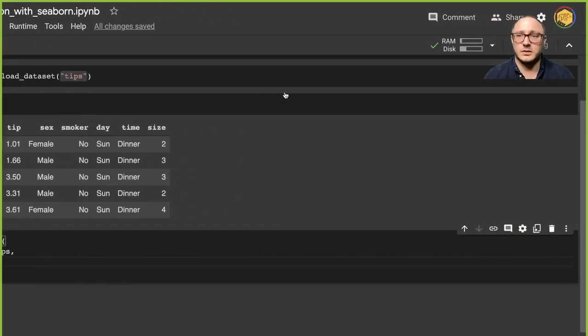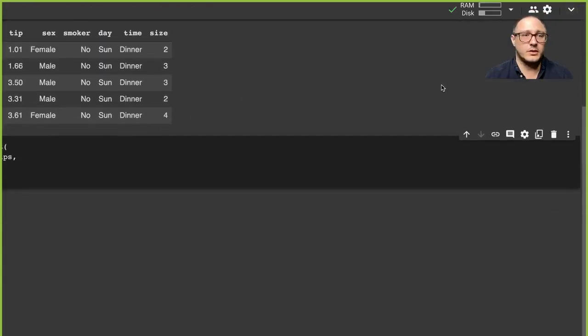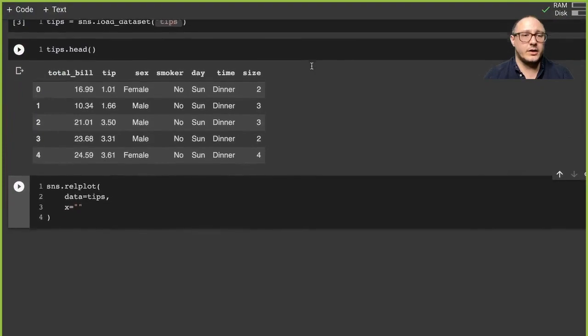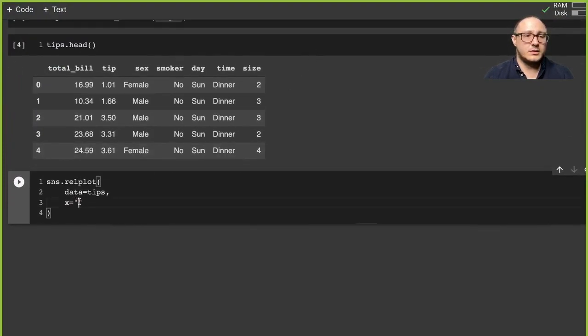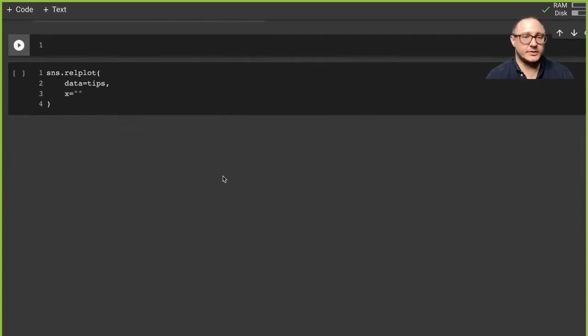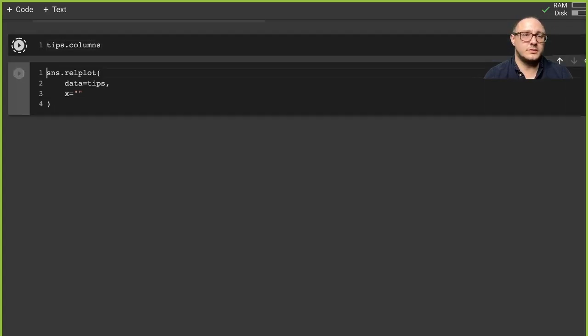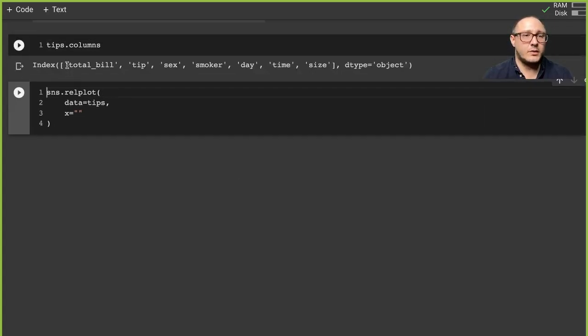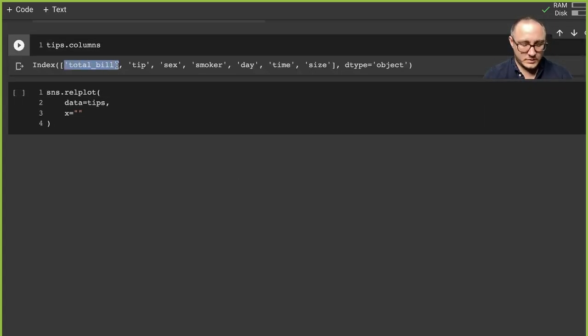I'm going to actually do this the right way here. I like to do something like tips.columns so I can actually see them and I can copy and paste. So I want total_bill here.